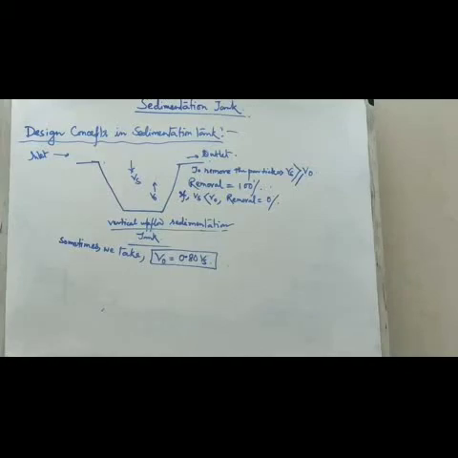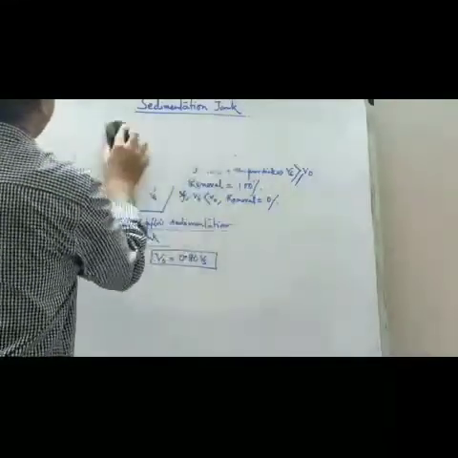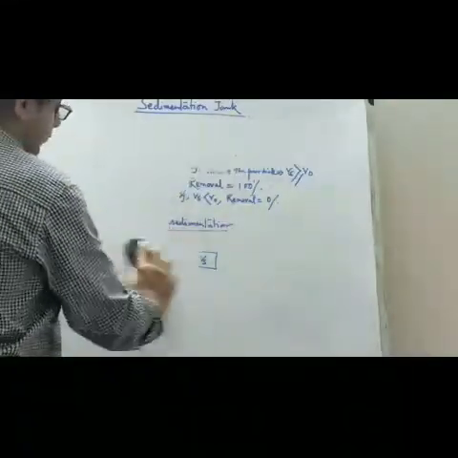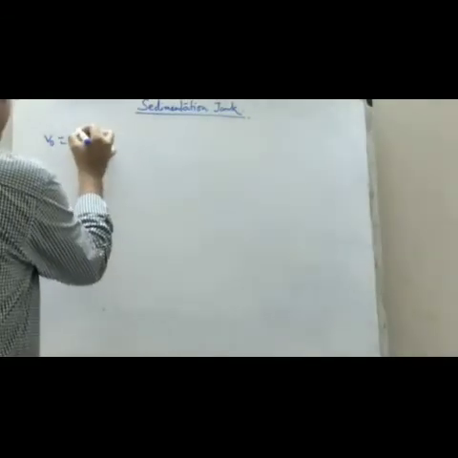We can write down that for type 1 settling, here V0 means the discharge divided by the surface area.